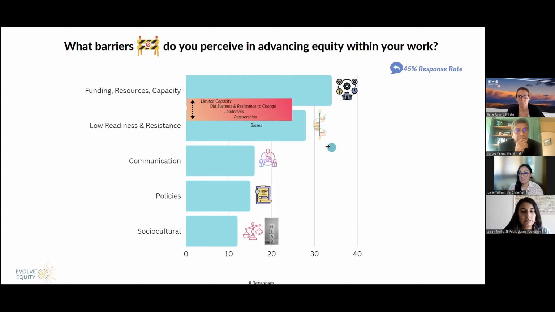Given this, there was a variety of sub-themes within this pink bar of what is the overlap between the two. And the main themes were limited capacity, old systems and resistance to change, leadership, and partnerships.